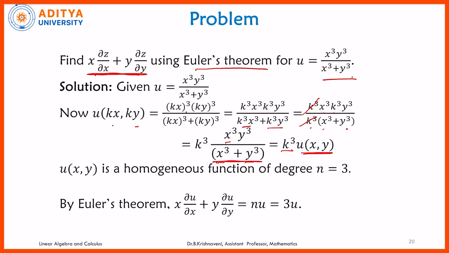Hence we say that u is a homogeneous function of degree n, where n is equal to 3. That is, the given function u is homogeneous of degree 3.